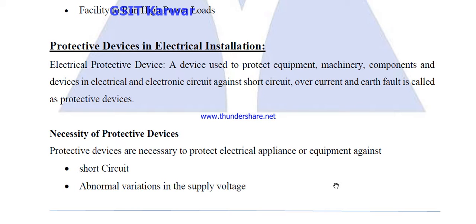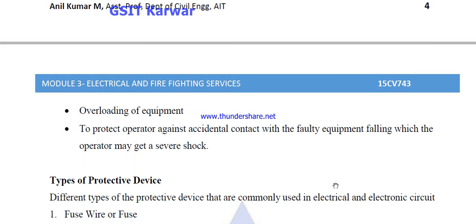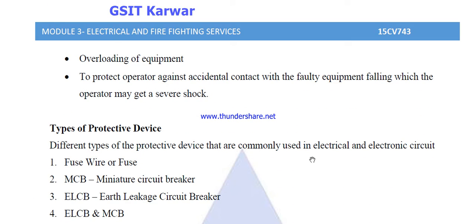We observe this in our home or in our college. Overloading of equipment. And to protect the operator against accidental contact with faulty equipment, following which the operator may get a severe shock.